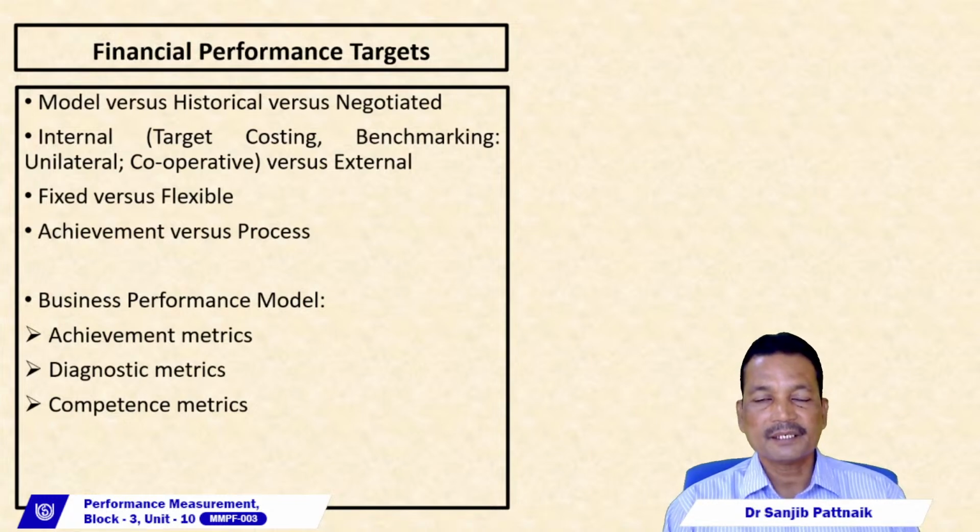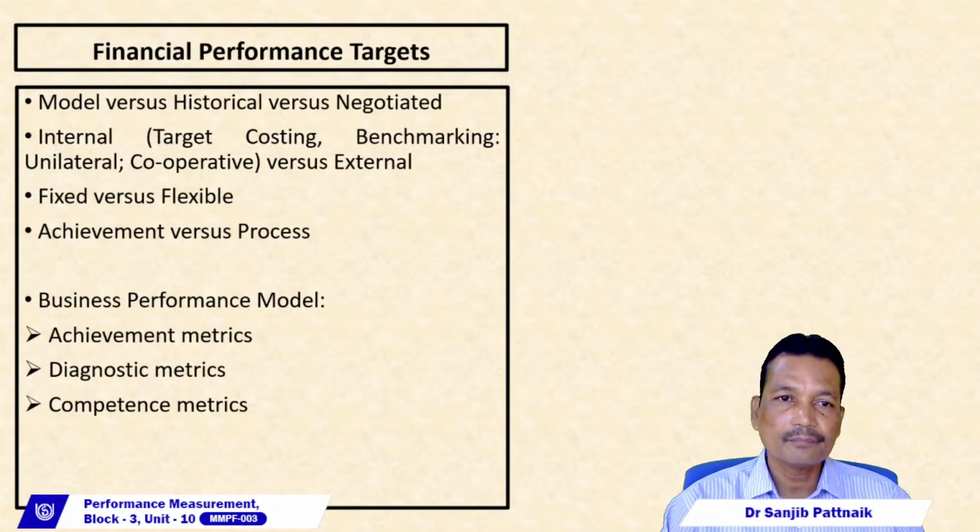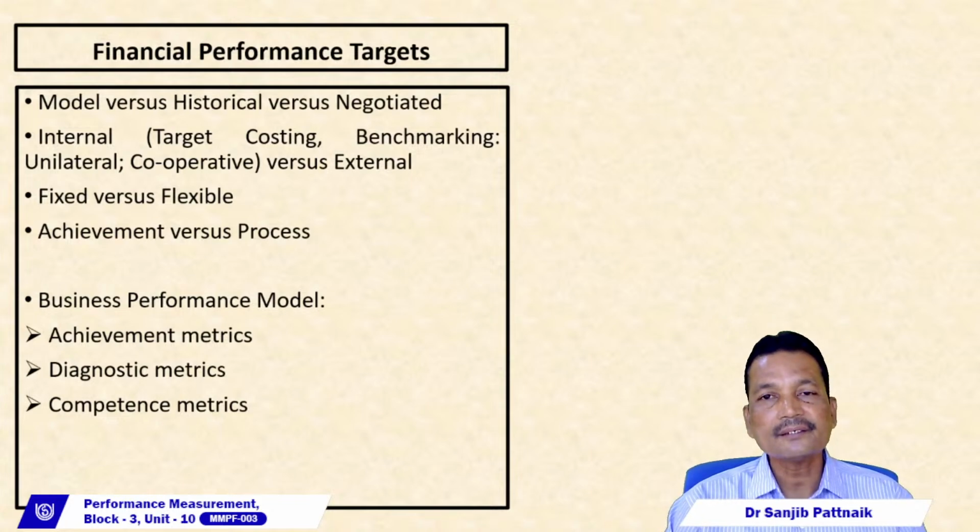Next is benchmarking. Now what we do here? In benchmarking, we try to adhere to either the government reports, the market surveys, the industry's performance, etc., where we try to link our performance target according to the information that we can collect from this kind of sources.